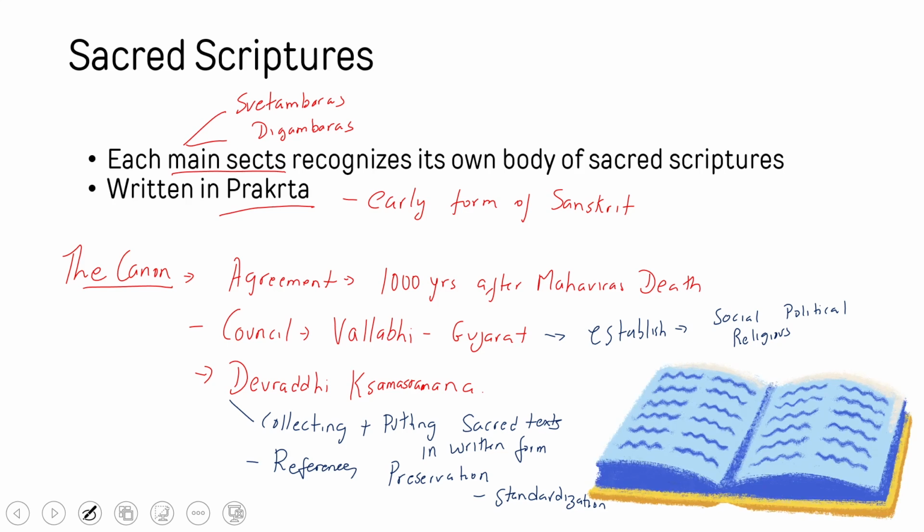For example, if nothing is in written form, each one can have his own interpretation. There is nothing to go and look at. It's easy to manipulate. If you do not have a particular rule book, each one can say, I feel the rule is like that. But when everything is written, you can go back to it and cross-check. So this council was very important because of this reason. And they also wanted to make sure there was consistency as well as continuity.